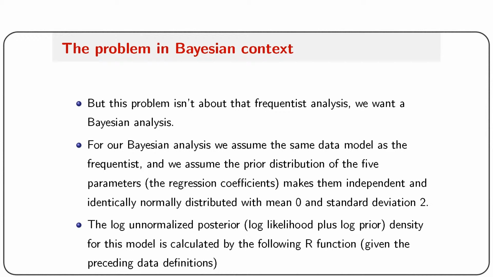For our Bayesian analysis, we assume the same data model as the frequentist, and we assume the prior distribution of the 5 parameters are independent and identically normally distributed with mean 0 and standard deviation 2. The log unnormalized posterior density for this model is calculated by the following R function.